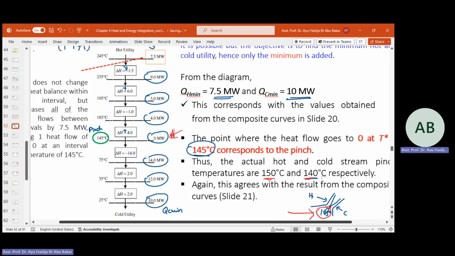So to get the actual hot and cold pinch, you need to shift it back. That's why hot, you get 150, move up back. Cold is 140, move down back. So 145 is not your final answer. You need to find out what is your hot pinch and cold pinch.